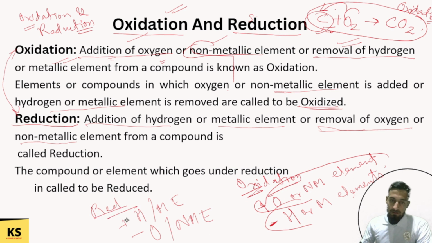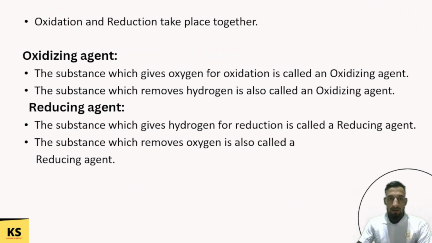This type of reaction is called reduction. The compound or element that undergoes reduction, to which hydrogen is added or metallic element is added or oxygen or non-metallic element is removed, is said to be reduced.